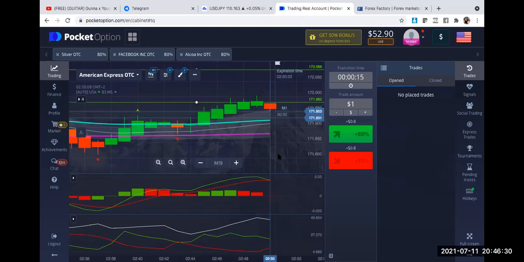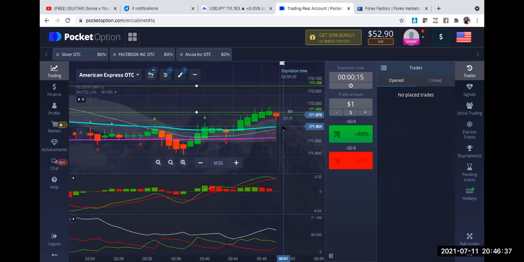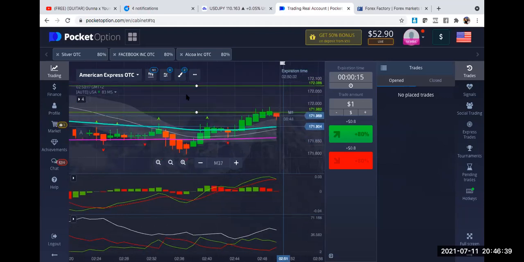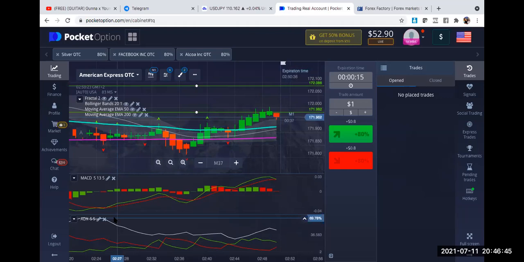So we're more than likely going to get that coming down, and we will get the cross probably on the candle after this one. All right, and I've been doing a lot of 15 seconds, so I know my settings are a little different. On the masterclass, I have everything as standard 14, but I've been testing this 5, 13, 5.